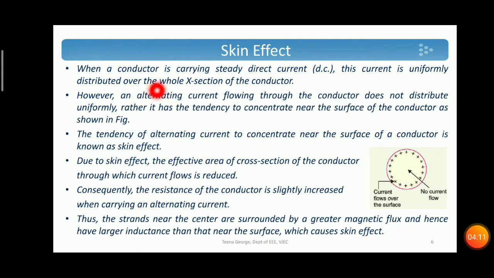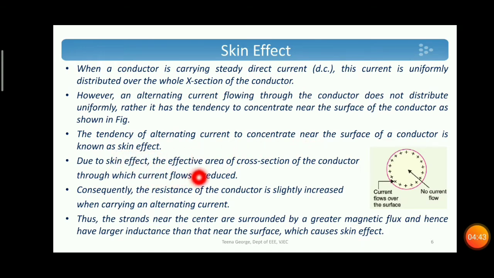When a conductor carries DC current, the current is uniformly distributed over the cross section of the conductor. But when an alternating current flows through the conductor, the current will not distribute uniformly, but it will be concentrated near the surface of the conductor. This effect is called the skin effect, or tendency of alternating current to concentrate near the surface of conductor is known as skin effect.